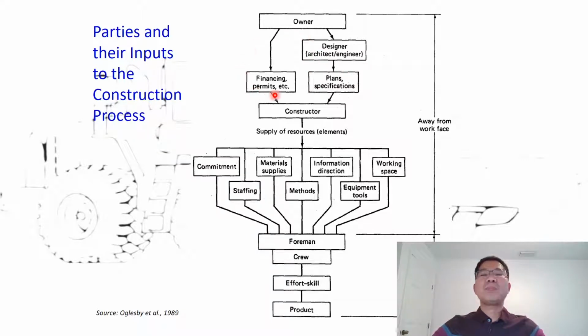The owner has to come up with the financing, the money, and get the permit with the support of the constructor and designer. Then we find the constructor to do the work, and the constructor supplies resources. By resources, we mean the commitment, materials, information, working space, staffing, method, equipment, and tools. All of that is the resources provided to conduct the project.